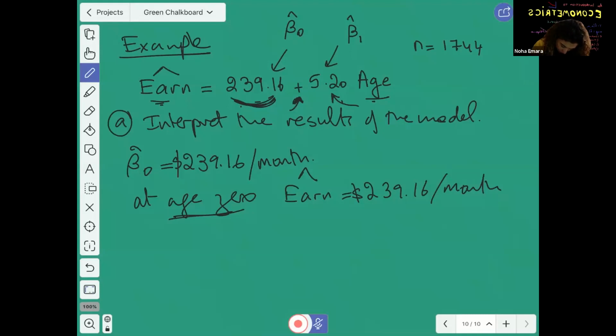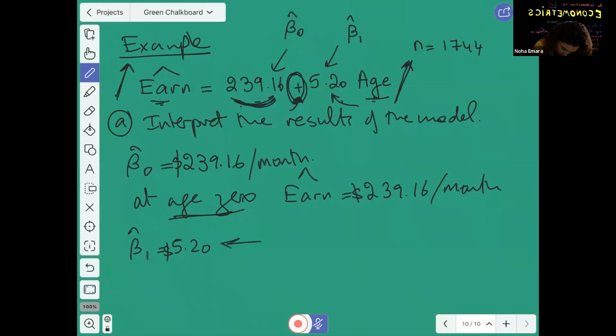What about the age? So I know that beta hat 1 is equal to 5.20. Age has a positive impact on earning as the person gets older, right? Because as age increases, earning also increases. As the person gets 1 year older, earning also increases, but it has to increase with a certain magnitude. So the magnitude of the increase is 5.20.